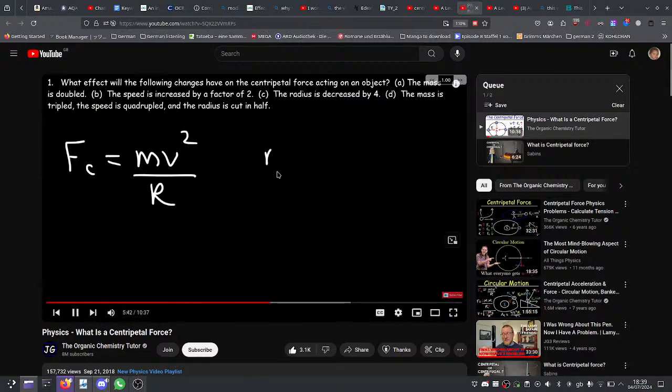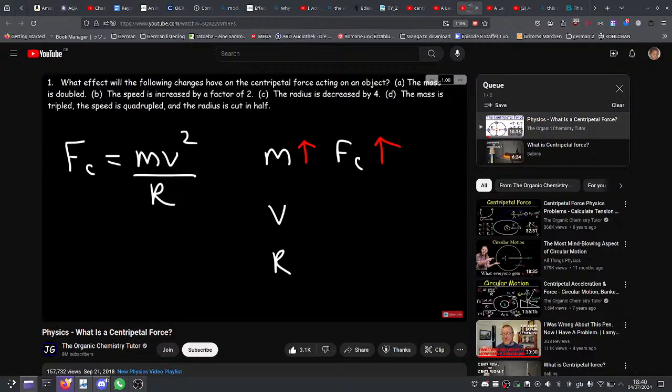So here's a question for you. If the mass of the object increases, what will happen to the centripetal force? Will it increase or decrease? Because the mass is in the numerator of the fraction, an increase in the mass will increase the centripetal force.